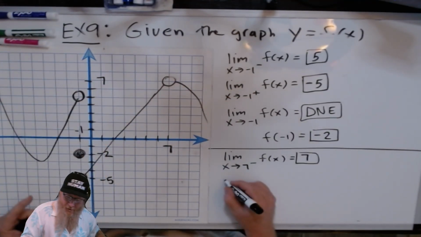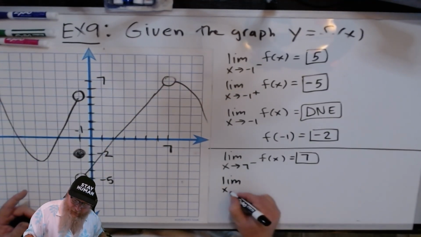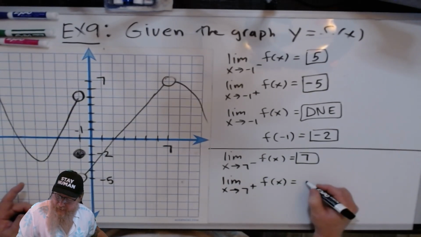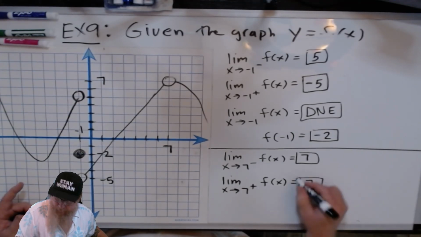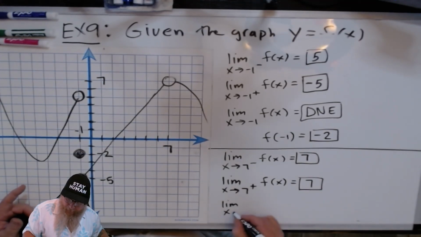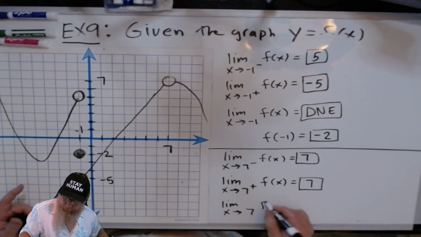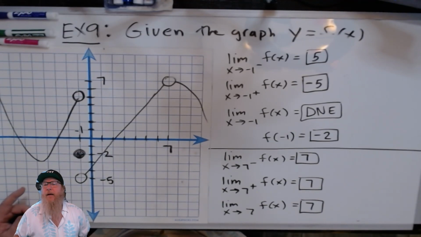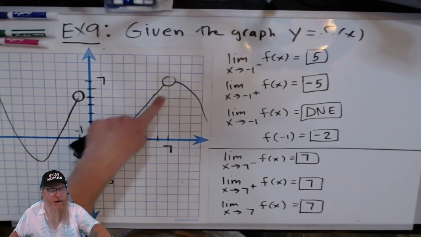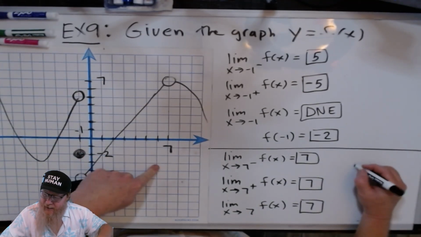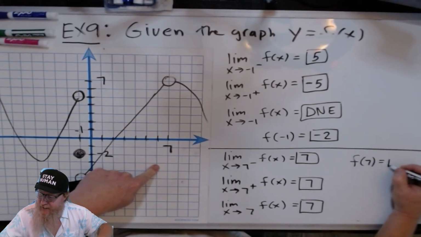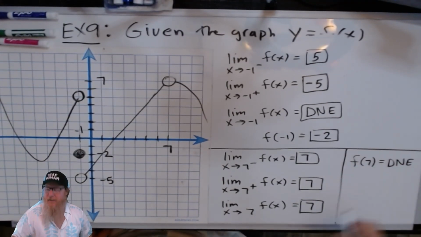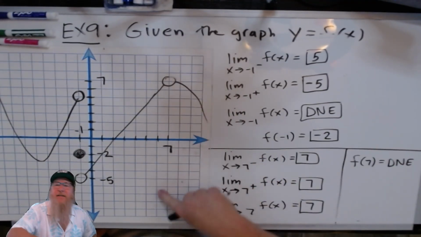The two sides are both going to 7, so all the limits are equal to 7. However, since there's no solid dot, f of 7 is DNE. There is no point where x is equal to 7.